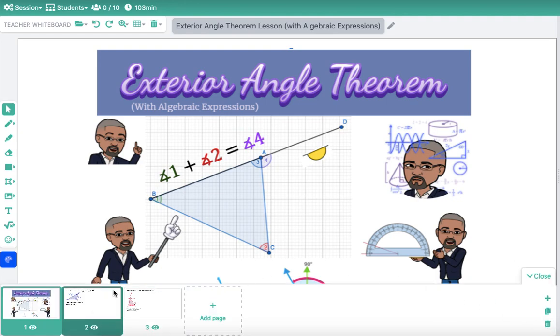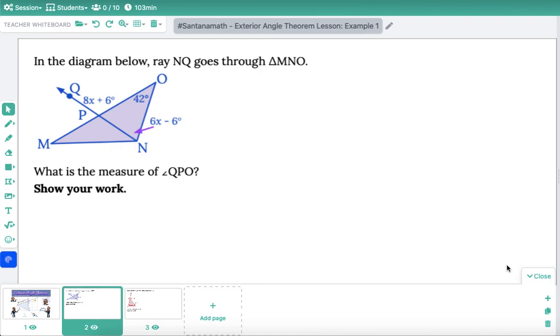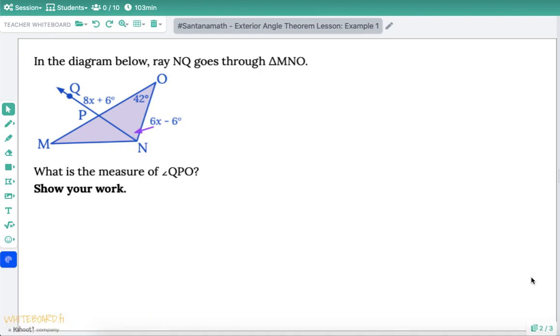So here's example 1. In the diagram below, ray NQ goes through triangle MNO. What is the measure of QPO? So first and foremost, let's just go through this. This is ray NQ. This is what they're referring to in the problem.